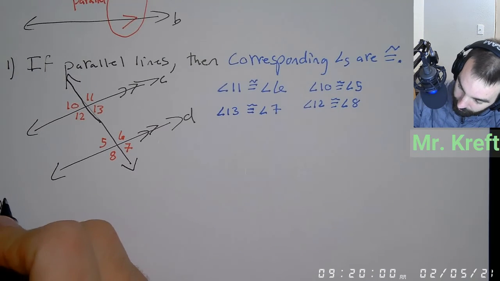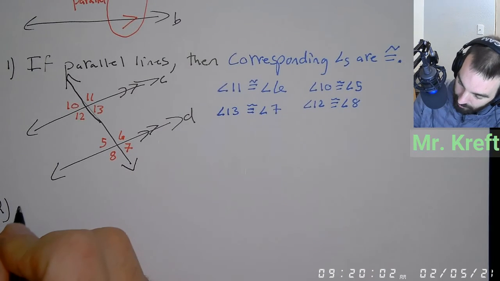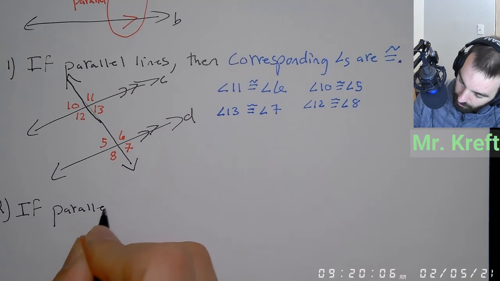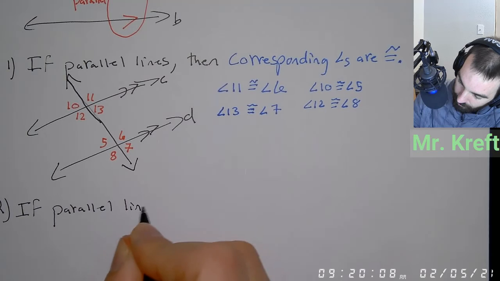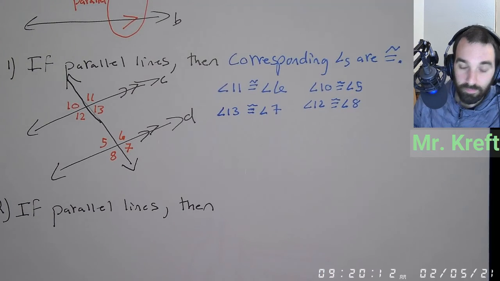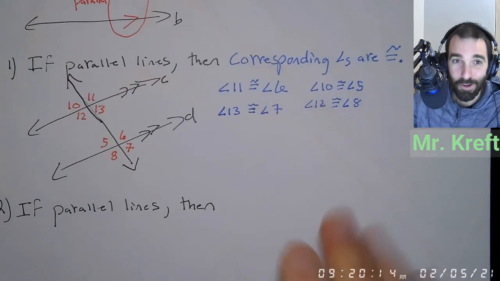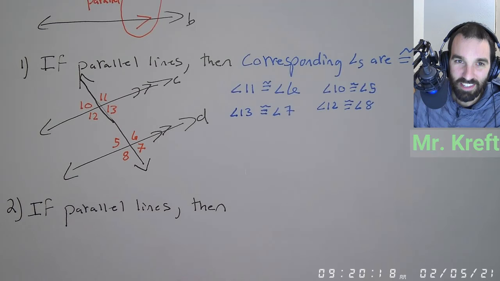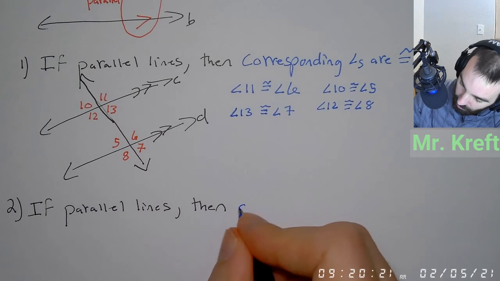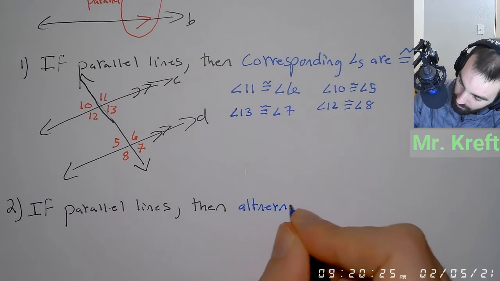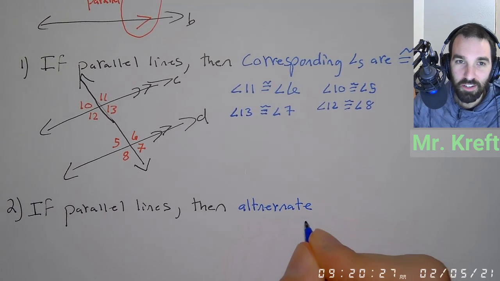All right, our second one is going to be: if parallel lines, then, right? So that's kind of the phrase of the day. If parallel lines, then, and what we're going to say is alternate. And it's important, I always have students call this alternate.